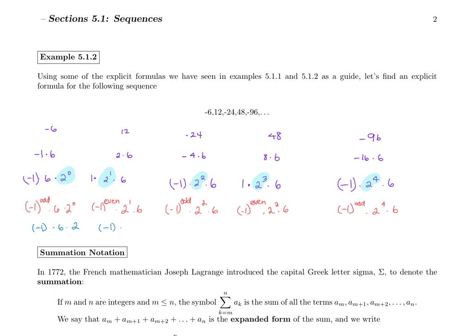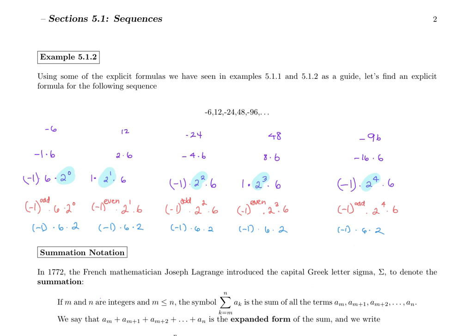Now the question is, how do I know what the power is for the -1 and the 2? Well, that comes down to what you want to set as your index. Do you want to set k to start at 0? Do you want to set k to start at 1? You can do either one, and neither one is more correct than the other. But what we need to take into account is that we need an odd exponent, then an even, then an odd, even, odd, even.